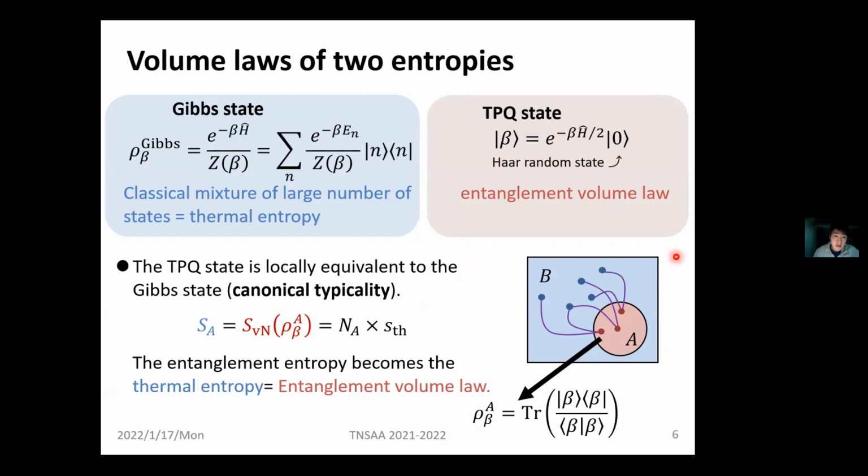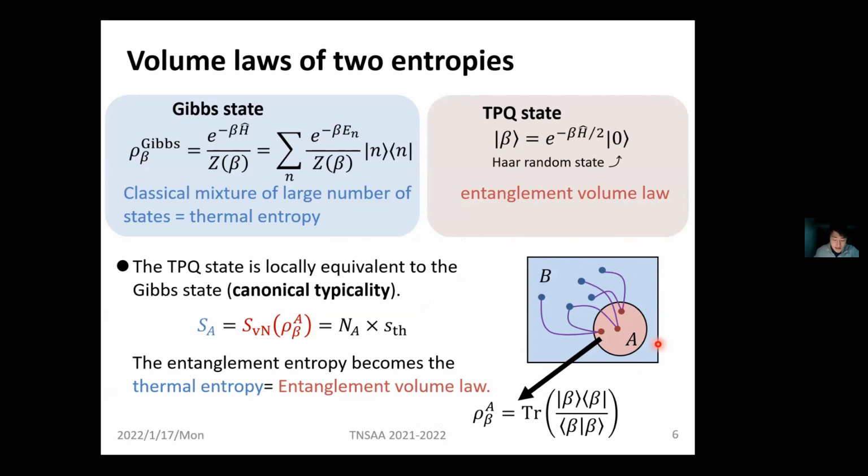Okay. The TPQ state is locally equivalent to the Gibbs state based on canonical typicality. Suppose that we divide the system into A and B, like this figure.